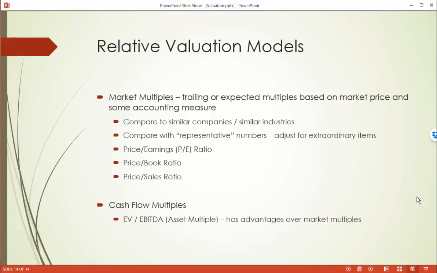So this has some advantages over market multiples. It takes away some of the distortions that might happen with earnings. It takes into account the capital structure and the tax structure and other decisions that the firm makes and makes comparisons a little bit cleaner.